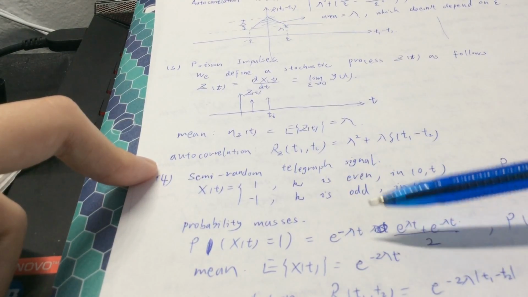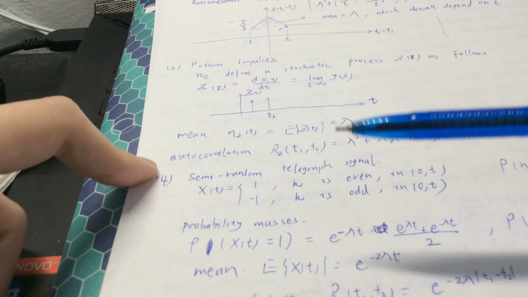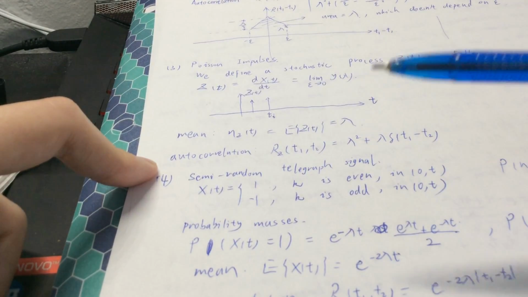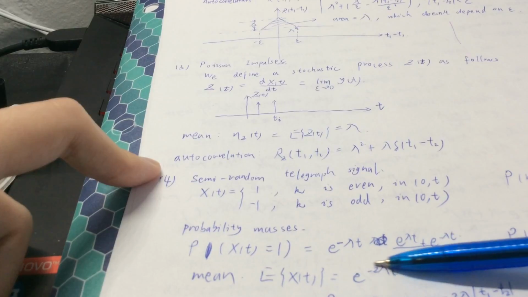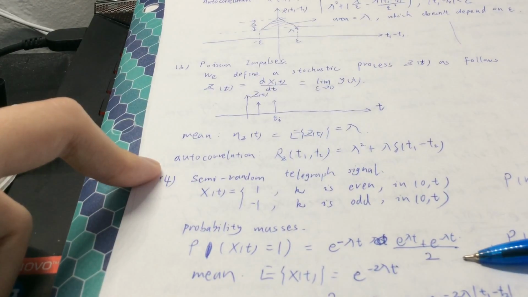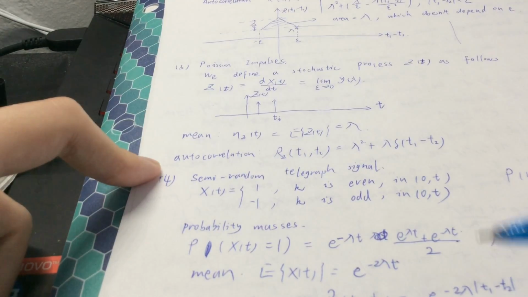And at this part, we know that the probability of Xt equals 1 or equals minus 1 is not equal to 1 divided by 2, because we start with 1. As this line shows, the probability should be a little higher than 0.5.